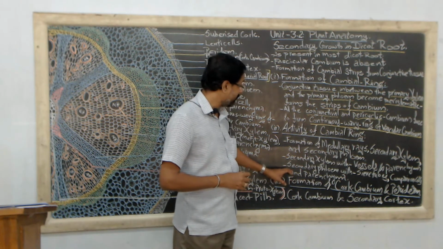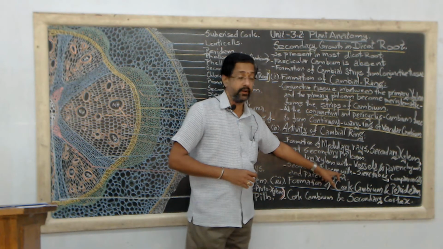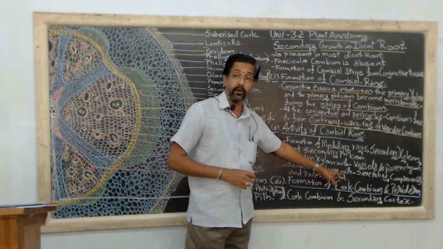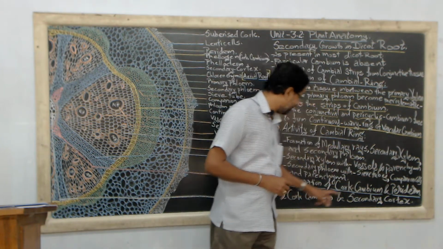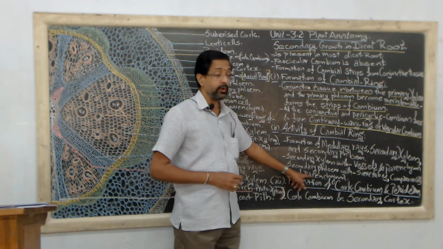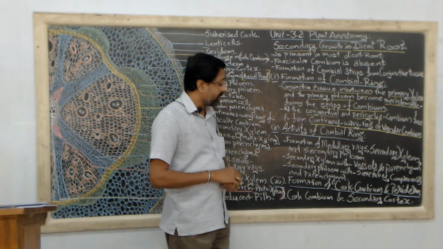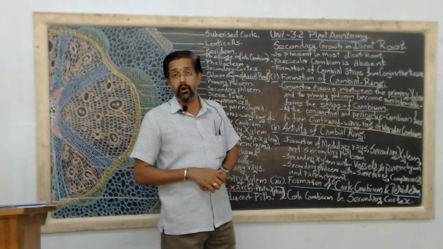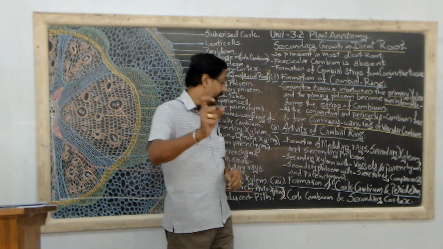Okay, and coming to the secondary phloem, the derivatives developed during secondary thickening are sieve tubes, companion cells, and also phloem parenchyma. So these are the derivatives developed during secondary growth in thickness in the dicot root.